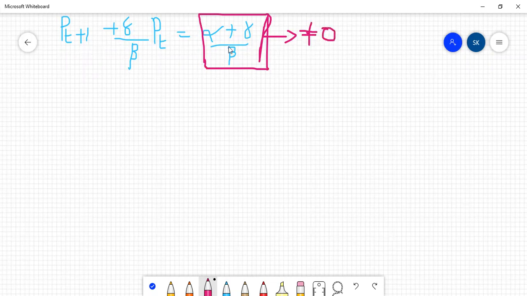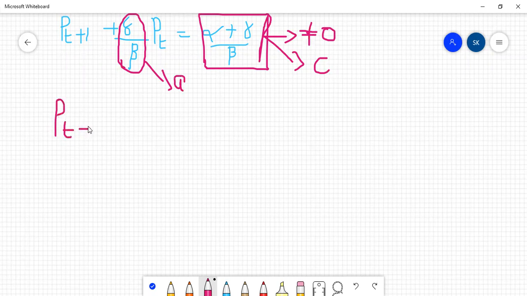In order to study it simply, we will term this constant as c, and let alpha, sigma divided by beta be termed as a. By further simplifying this equation, we get p(t+1) + a p(t) = c.